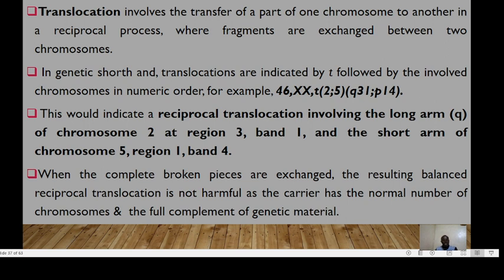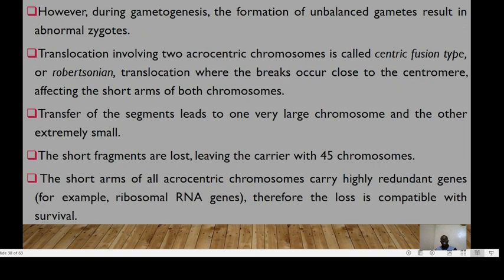When the complete broken pieces are exchanged, the resulting balanced reciprocal translocation is not harmful, as the carrier has the normal number of chromosomes and the full complement of genetic material. However, during gametogenesis, the formation of unbalanced gametes results in abnormal zygotes.